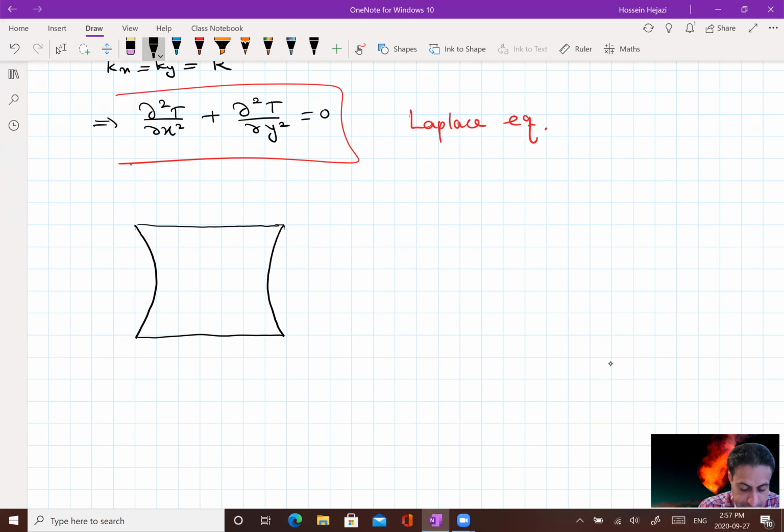This solid actually has a depth in the z direction normal to the surface, but let's assume this is the x direction and this is the y direction. Further assuming these two surfaces are adiabatic or insulated, so we have insulated surfaces at the top and bottom.